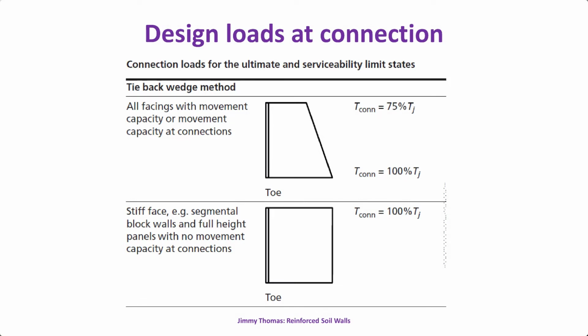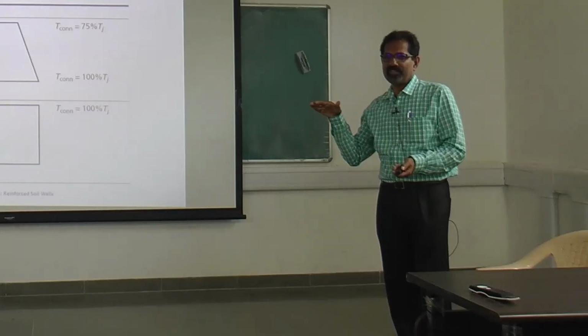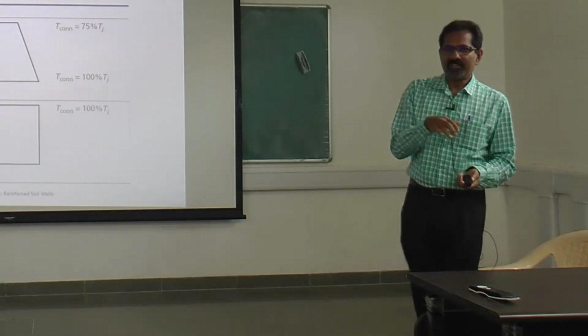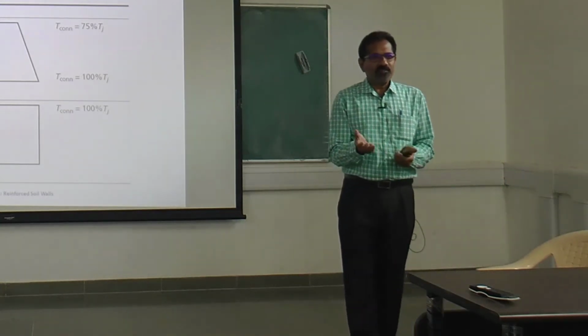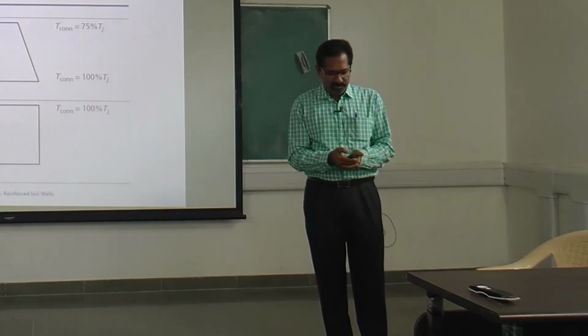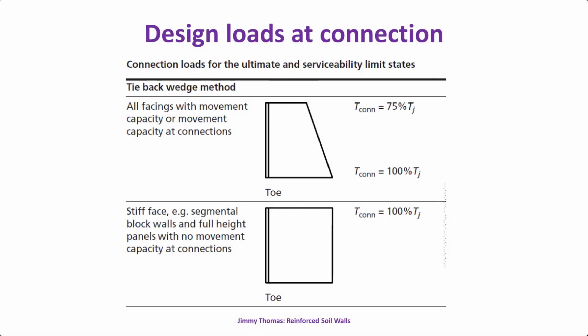Now, what is the design load at the connection? As I mentioned earlier, I've shown a slide: the tension along the reinforcement varies. So at the connection, what is the value? It actually varies depending on a lot of factors. But the code, especially the BS code, has given this diagram.